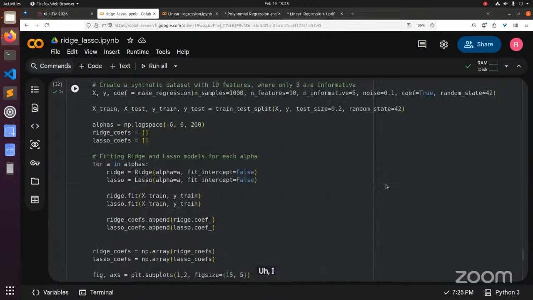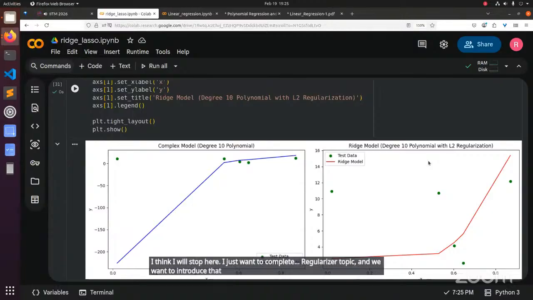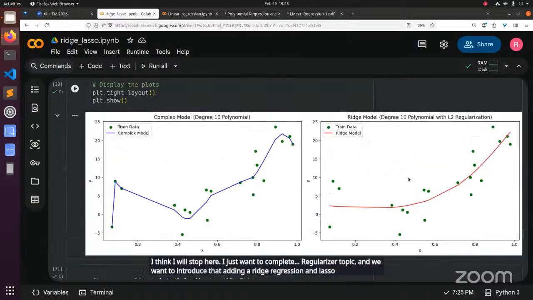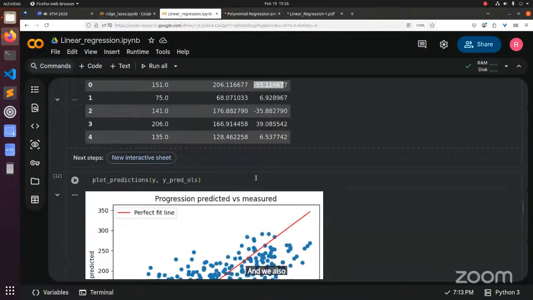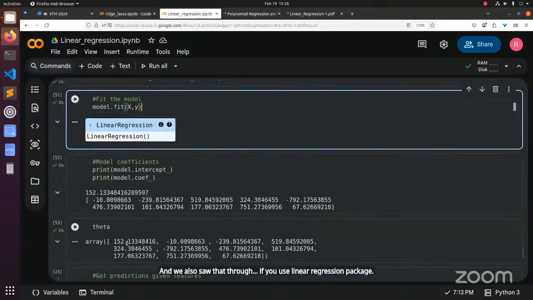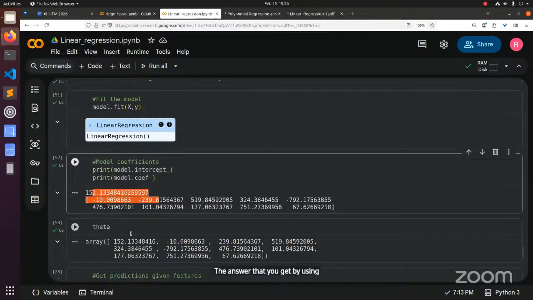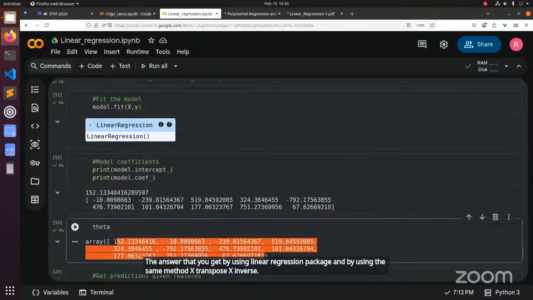I think I will stop here. I just wanted to complete the regularizer topic and introduce that adding ridge regression and lasso regression reduces the model complexity. That is the most important point that you should take away from it. We also saw that the answer you get by using the linear regression package and by using the same method, x transpose x inverse x transpose y, is the same.